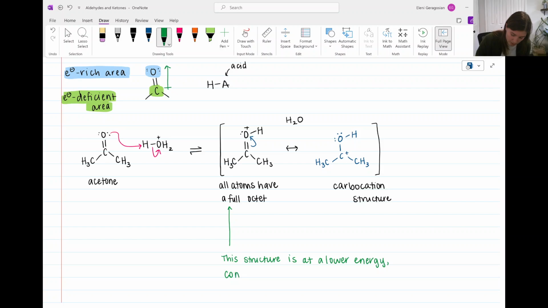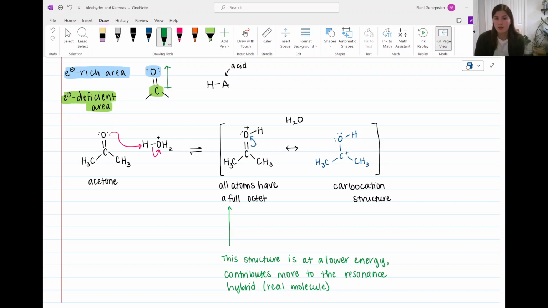So it contributes more to the resonance hybrid, or what exists in nature, the real molecule. Okay, so we use resonance to understand the properties of this molecule.